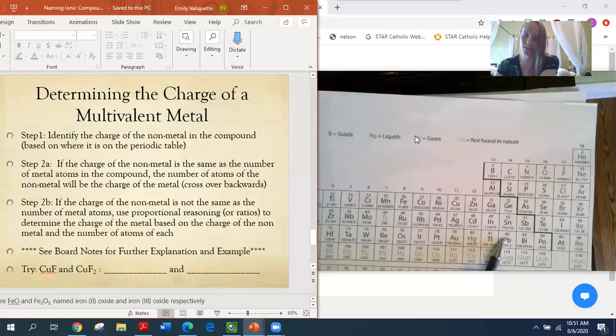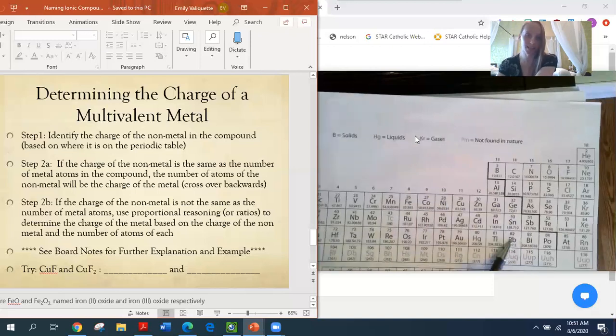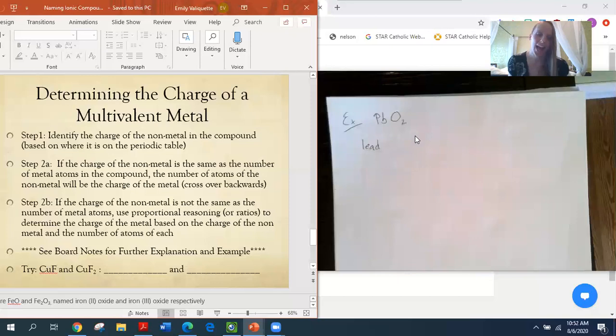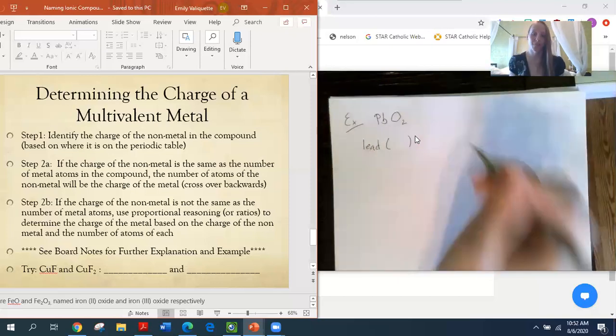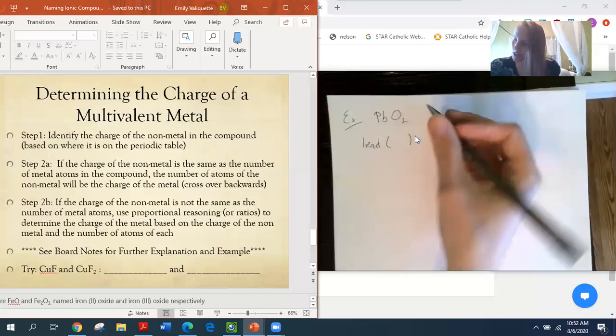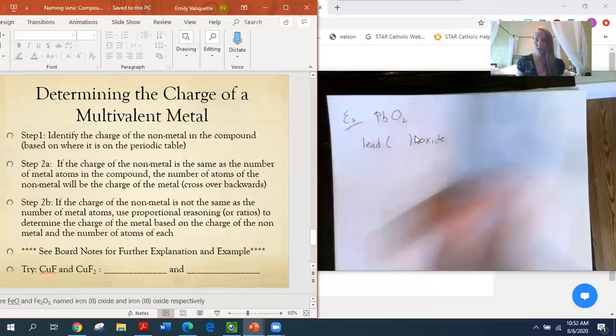So it's underneath the staircase in this kind of dropped down section. That means it is multivalent, or it could be, it is multivalent. So we're going to need to put its charge in Roman numerals. And then O is obviously oxygen, and we change the ending to IDE, so it is oxide.